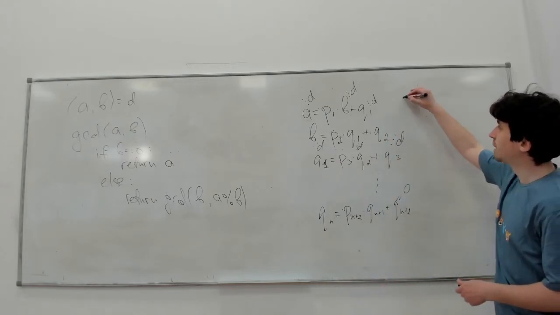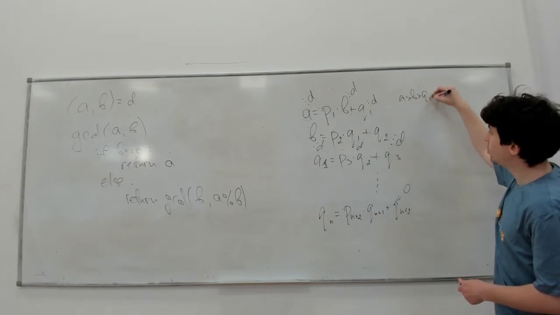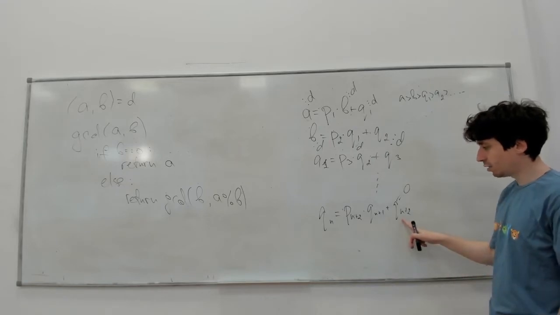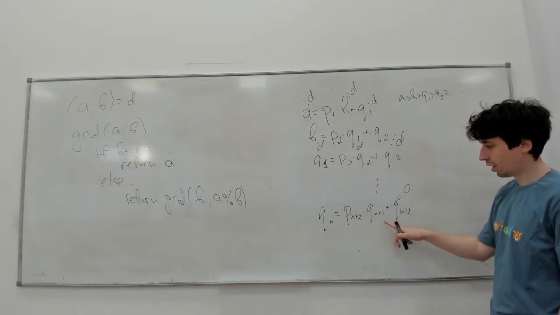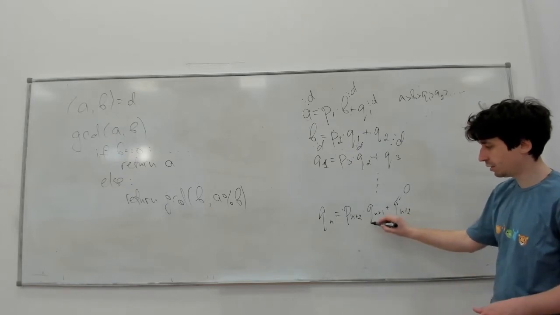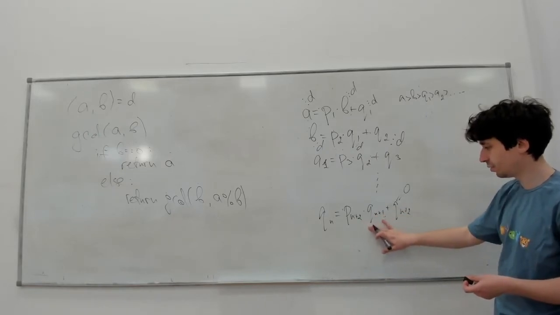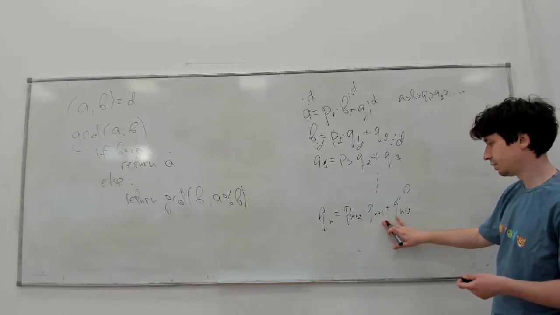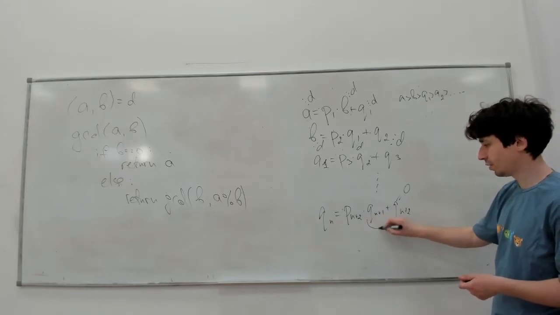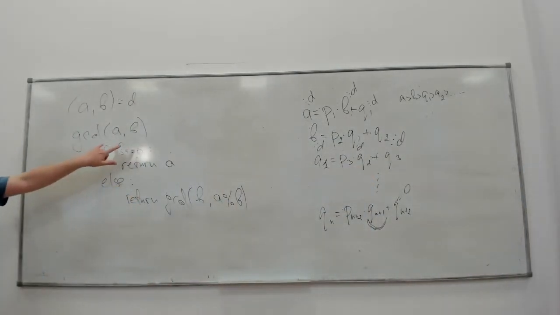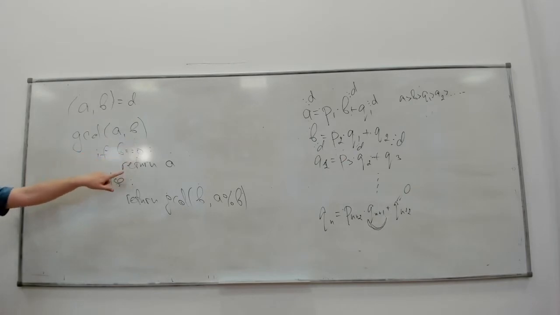So A is bigger than B, bigger than Q1, bigger than Q2, and so on. Finally, you will find this 0, and the answer then will be this one. As you can see, this is similar to here: if out of two numbers one is 0, then the other one is the answer.